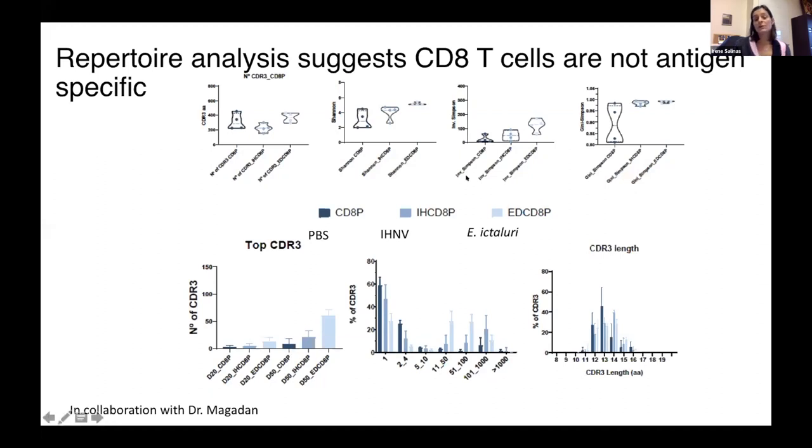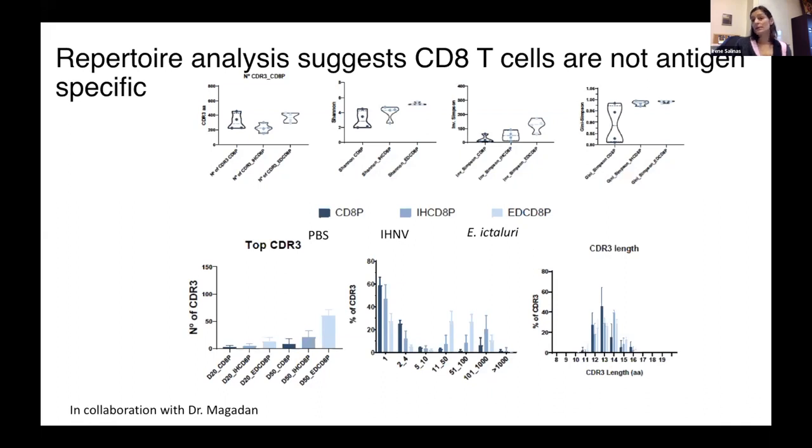So we sequenced the repertoire of sorted CD8 T cells, either in control animals or animals that had just received IHMB or Edwardsiella. We sorted the CD8 T cells from the nose, and then performed repertoire sequencing of the TCR alpha using next generation sequencing.